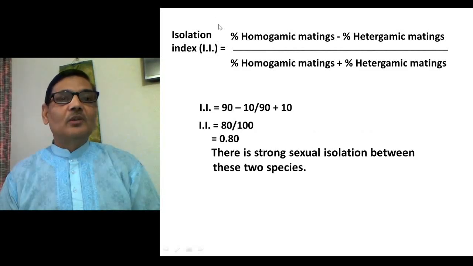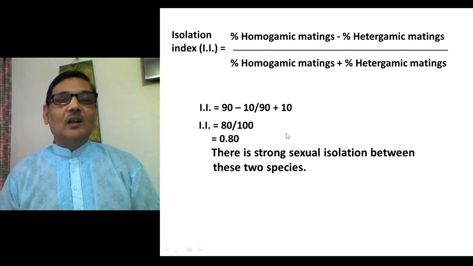And in this particular case, I have made the calculation, as I told, 90% homogamic matings are there. So 90 minus 10, since 10% heterogamic matings have been recorded in the question, and that will be divided by 90 plus 10, so it comes to 0.8. This indicates that there is a strong sexual isolation between these two species, Drosophila bipectinata and malerkotliana.